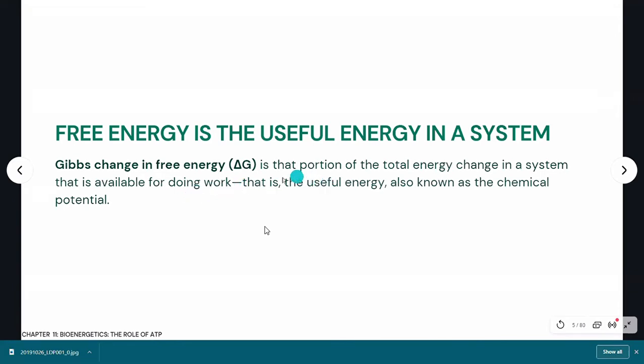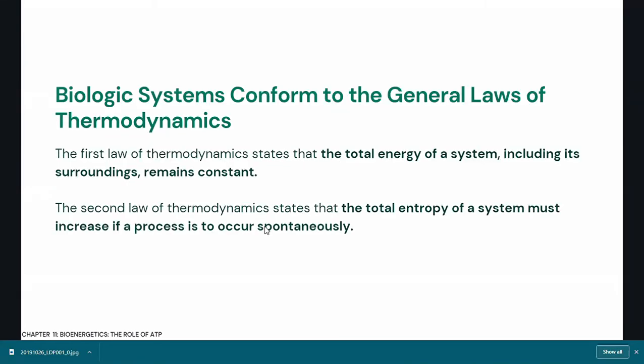All right. That free energy change is that portion of the total energy change in a system that is available for doing work, or that is what we call useful energy, also known as chemical potential. Okay.